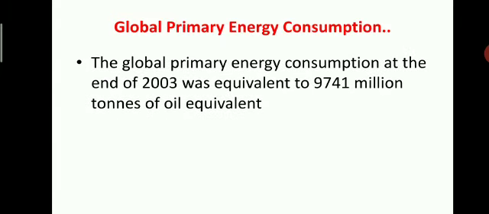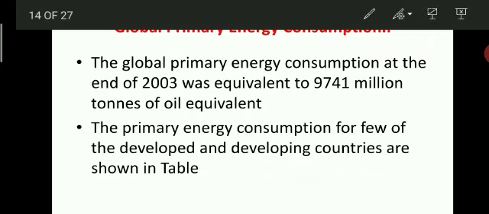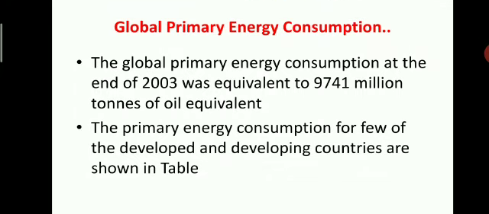The global primary energy consumption at the end of 2003 was equivalent to 9,741 million tons of oil equivalent. The primary energy consumption for a few of the developed and developing countries are given in the following table. You will see the table here. In the next slide, we will show you the detailed information required.